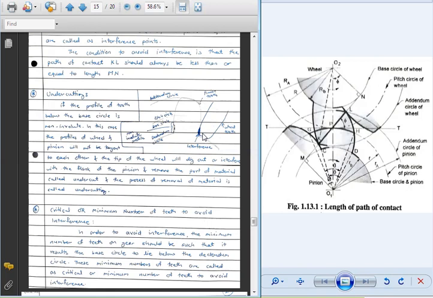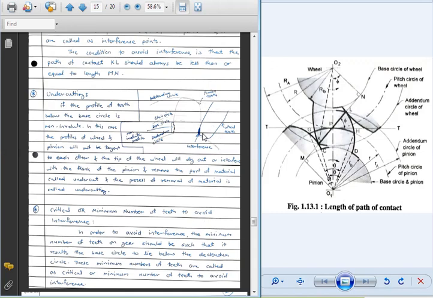So if it is undesirable, then we must avoid this undercutting and this interference, isn't it? So there have to be some methodologies by which we can avoid the interference. Those methodologies we are going to study today.